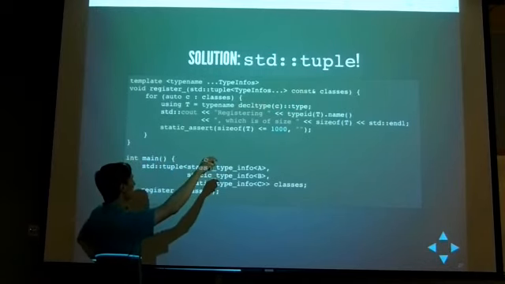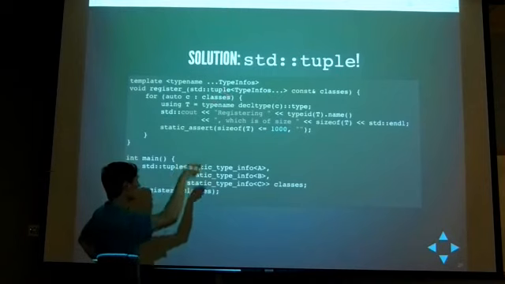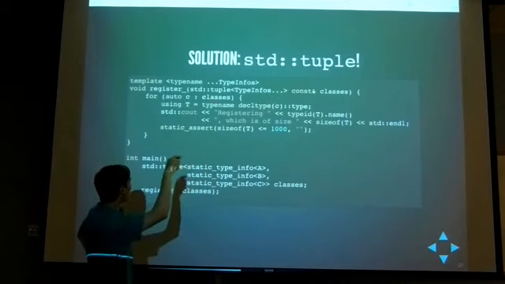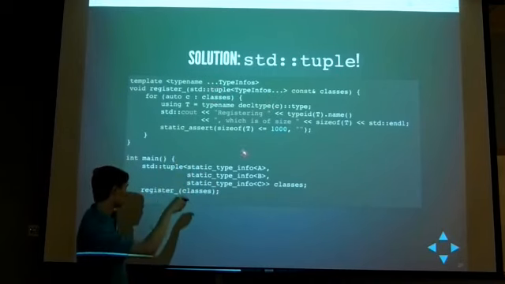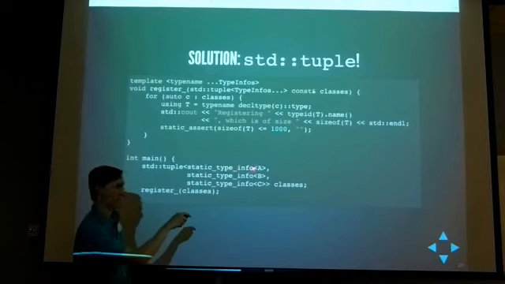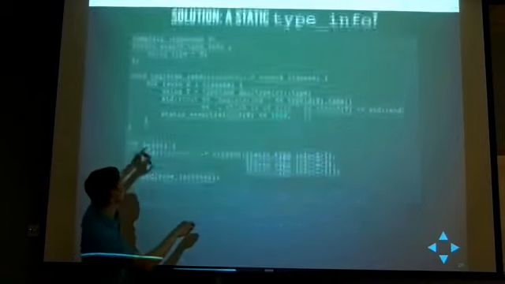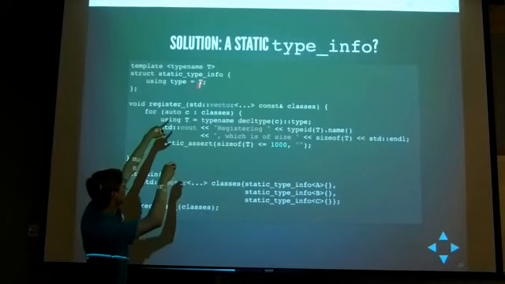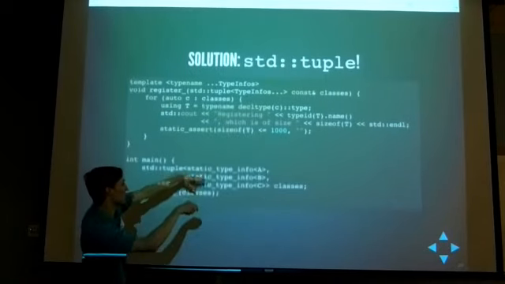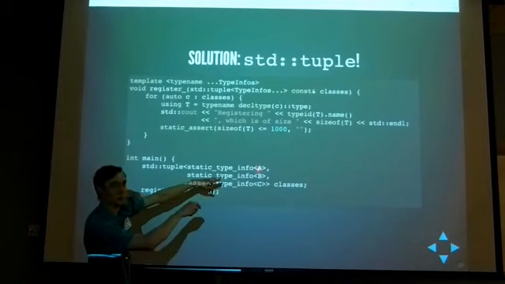Well, if you're at the first element in your loop, then C is the first element of the tuple, so that's a static type info of A. And when I fetch the ::type inside there, it's going to be T, so it's going to be A in this case. You follow me?